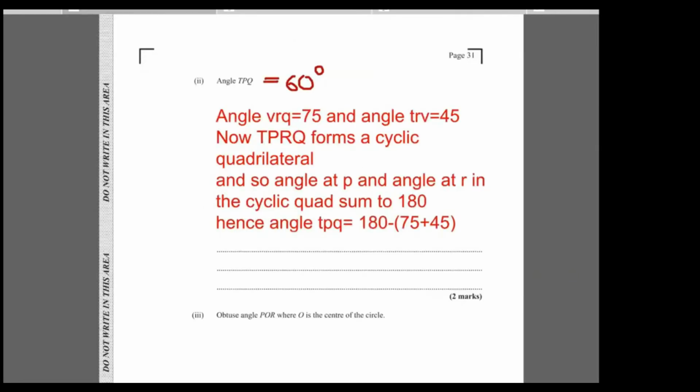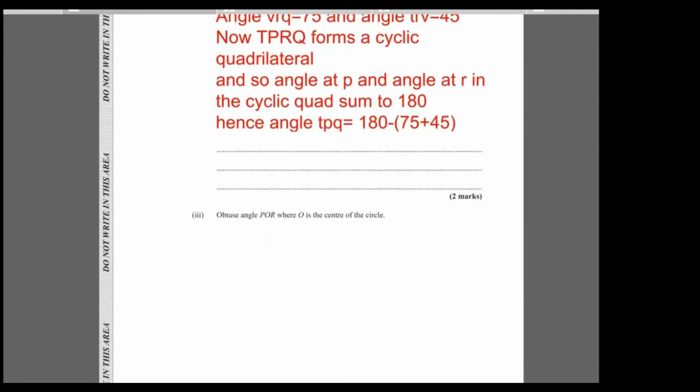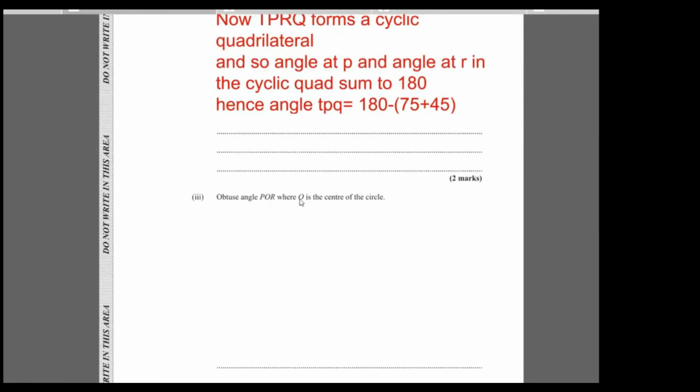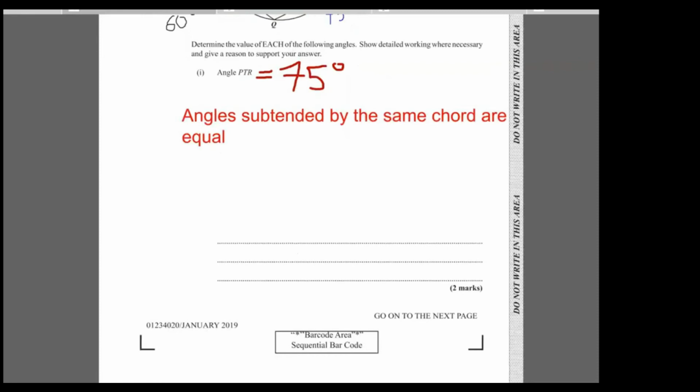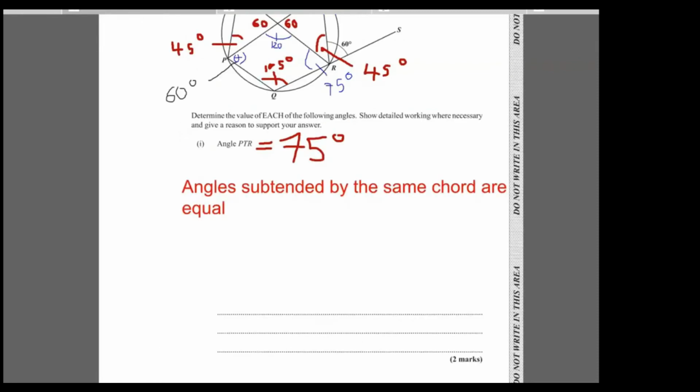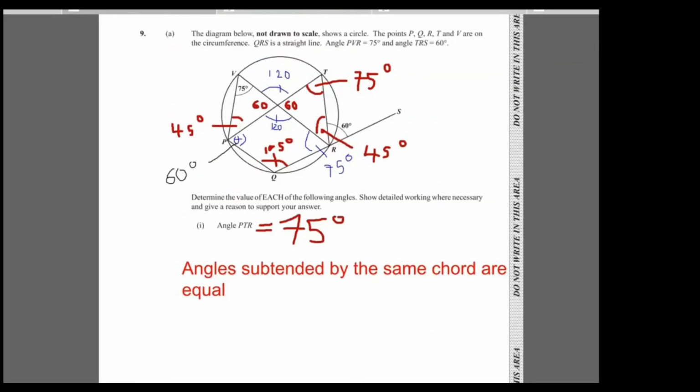So just continuing now, it says obtuse angle POR, where O is the center of the circle. Angle POR, and that's 120.